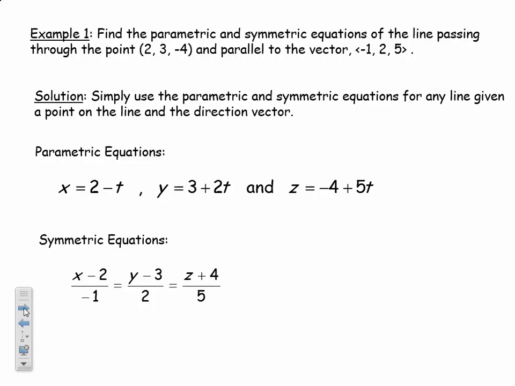Okay, so our symmetric equations is basically just solving for t. x minus 2 over -1, y minus 3 over 2, z plus 4 over 5.